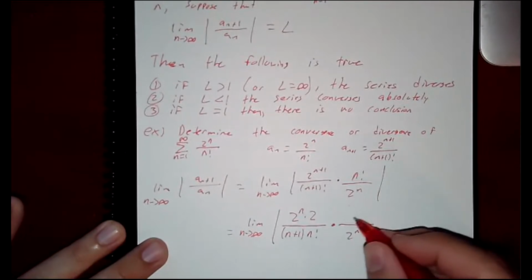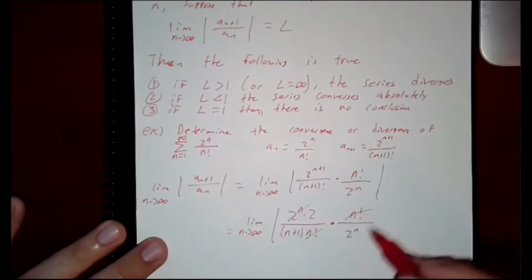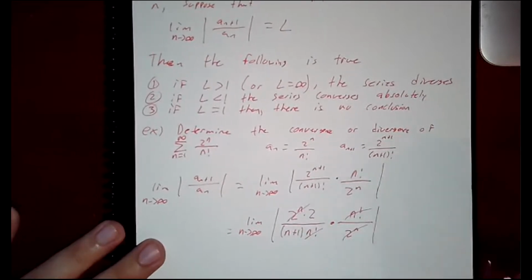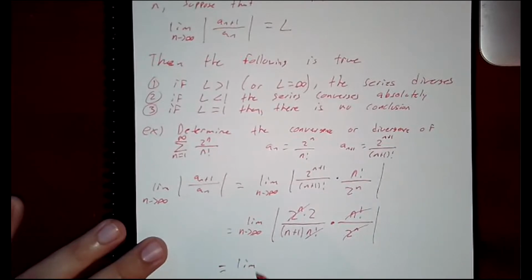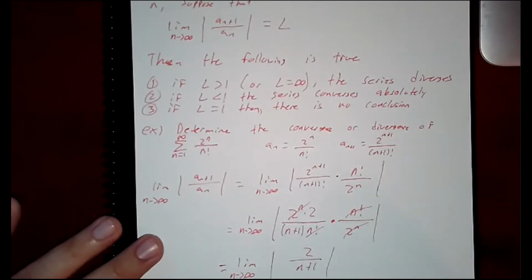Now notice what's going to cancel: factorials are gone, 2 to the n is gone, leaving me with 2 over n plus 1. What is that limit? 0.